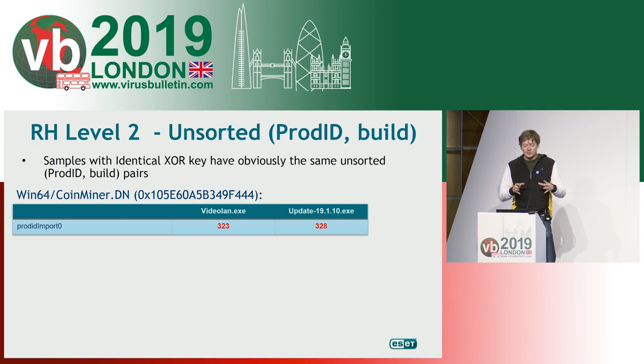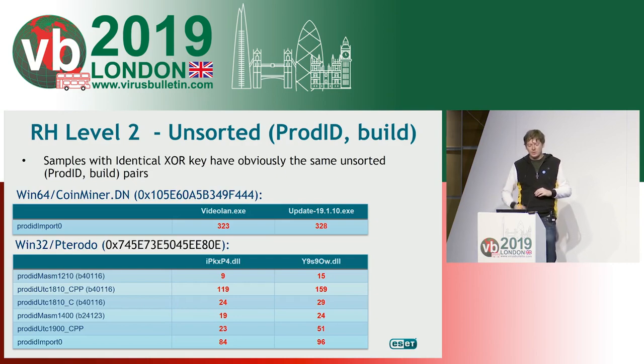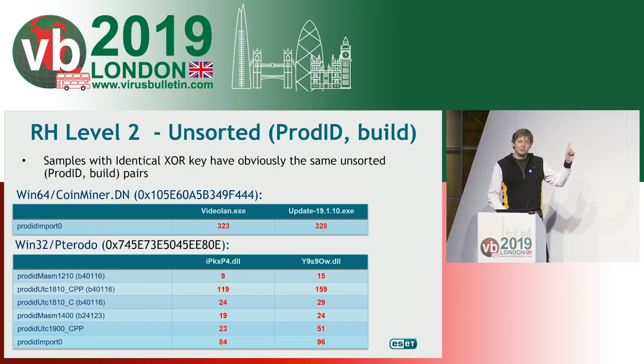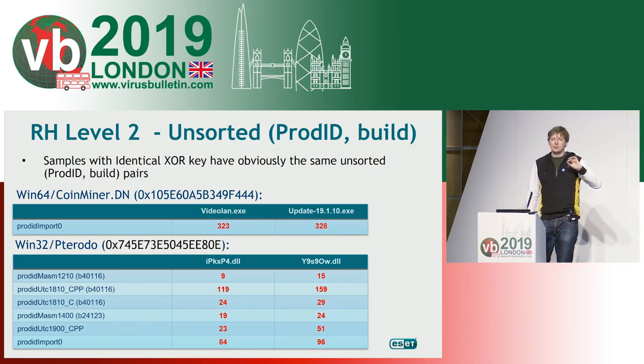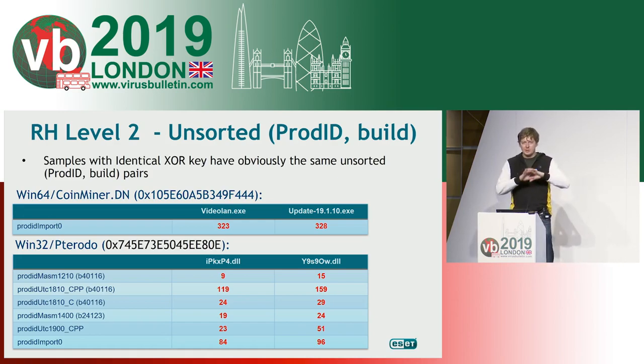So we just ignored the count number, and we were really happy that CoinMiner was clustered well using this level of similarity. The same was true for binaries distributed by Trickbot. You can see a lot of values varied, but if you omitted these values, you could get a nice cluster.